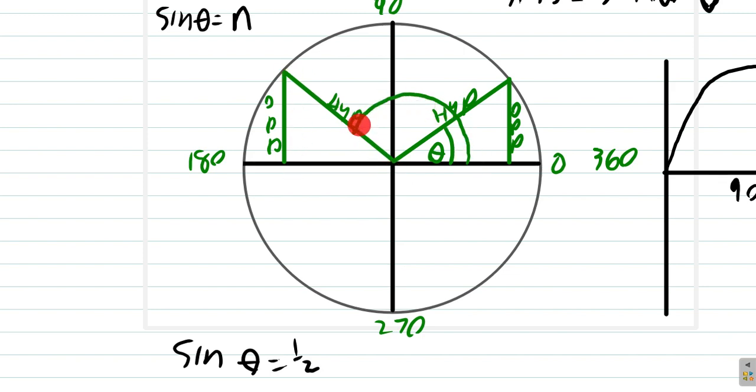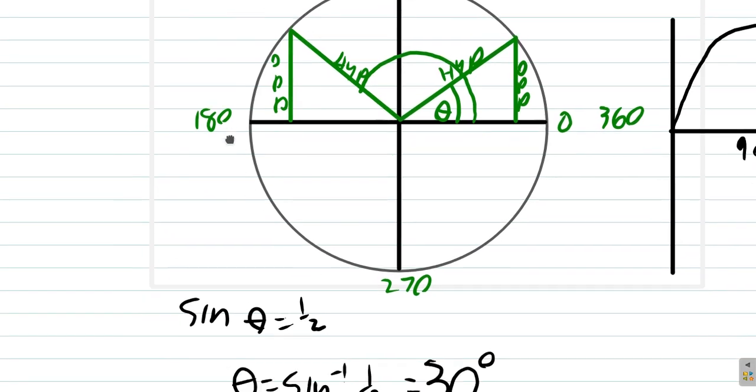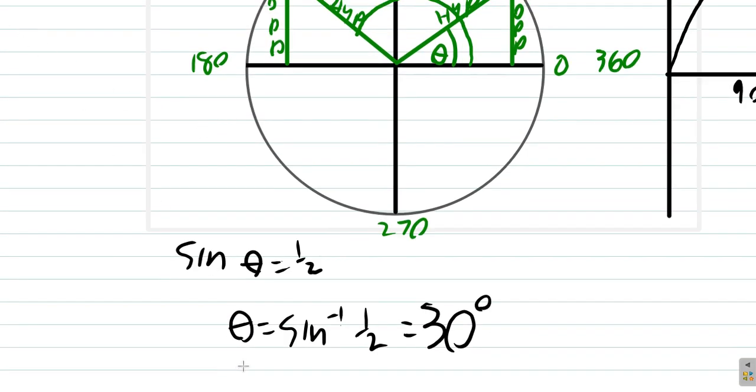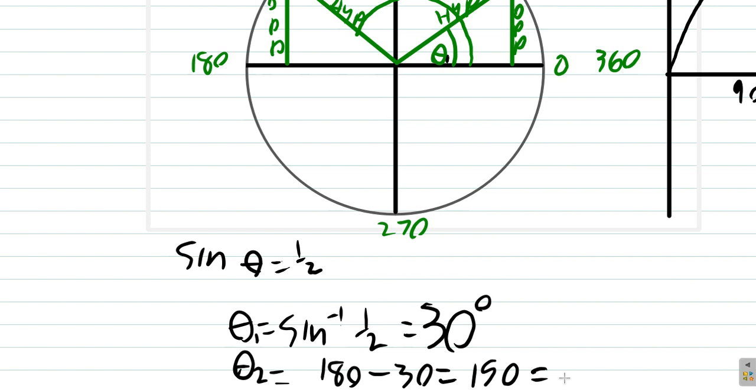But what's the angle measured from here, going around? Call this theta 1, call this theta 2. It's going to be 180 minus 30, which is 150. The sine of 150 is a half. Try it with a calculator. Sine of 150, you get a half. Right?